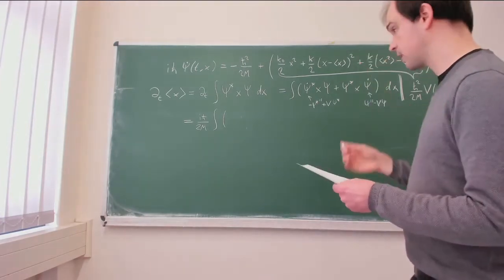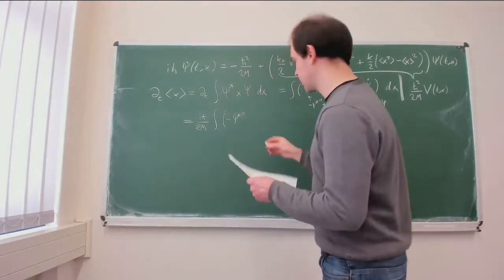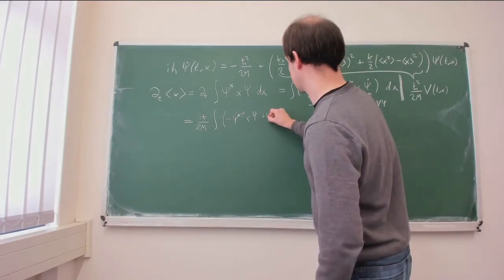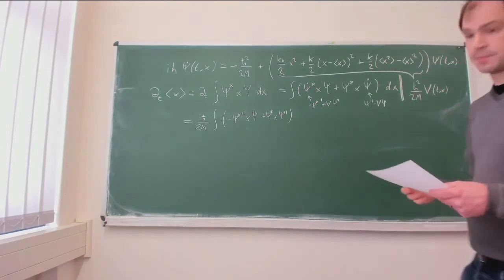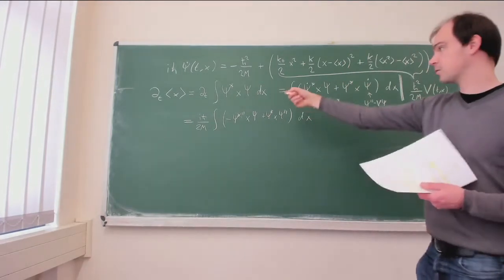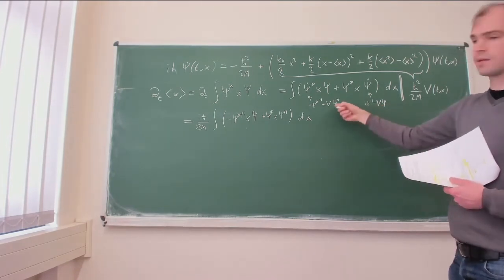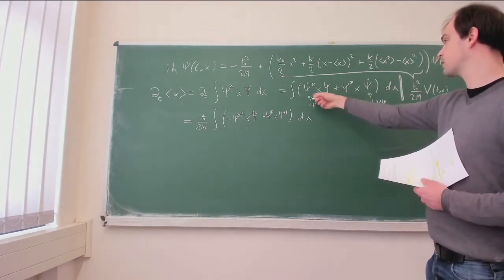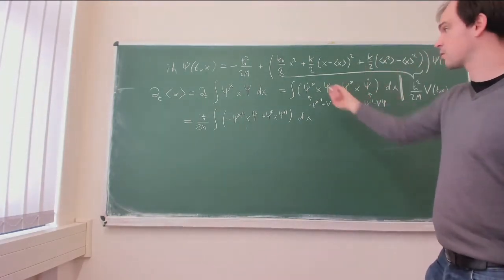If I insert all of this, then I end up with minus psi star double prime x psi plus psi star x psi double prime, dx. And you see that for the position expectation value we just have V and minus V here, so psi star V psi and minus psi star V psi, those two just cancel.